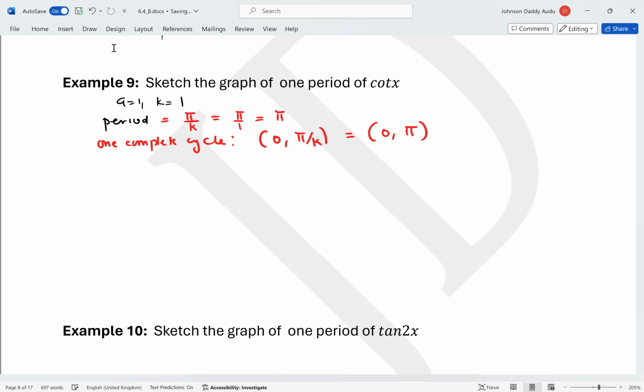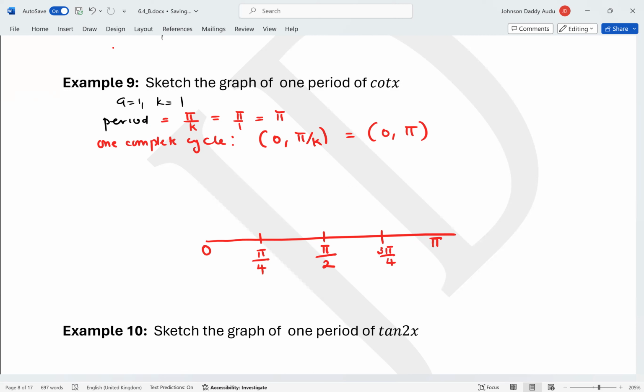Now what that means is that we will have from 0 to pi, and then we have to divide this into 4. So the middle is what? Pi over 2. And this is going to be pi over 4. And this is 3 pi over 4.